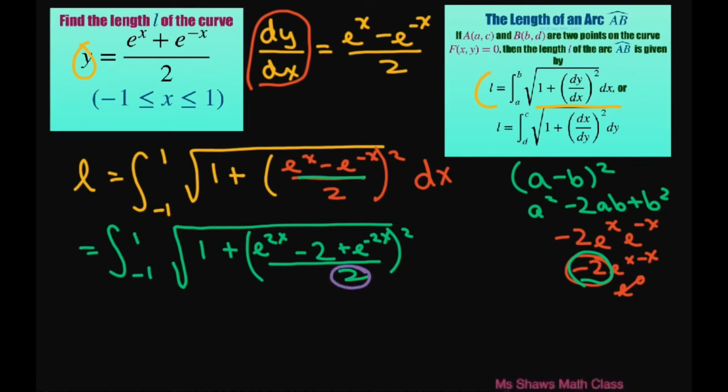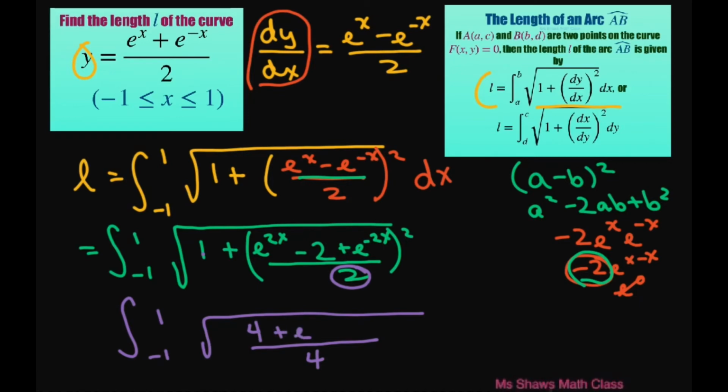I get 4, and I'm going to get the common denominator. So I'll make this all under 4, and if I do that, I have to multiply the 1 by 4. And then I'm going to have plus e^(2x) minus 2 plus e^(-2x). All right, and this shouldn't be squared here.